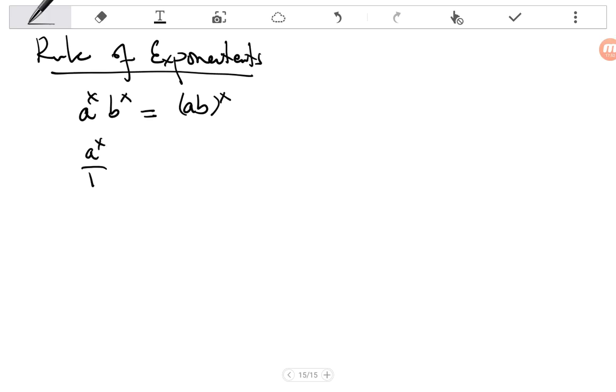And if I have a power x over b power x, that will give me a over b all power x. If I have a power x times a power y, that would give me a power x plus y. We add the exponents in this case.